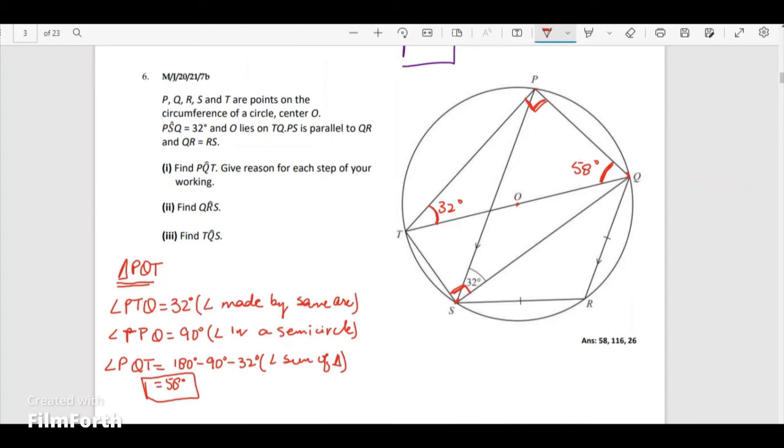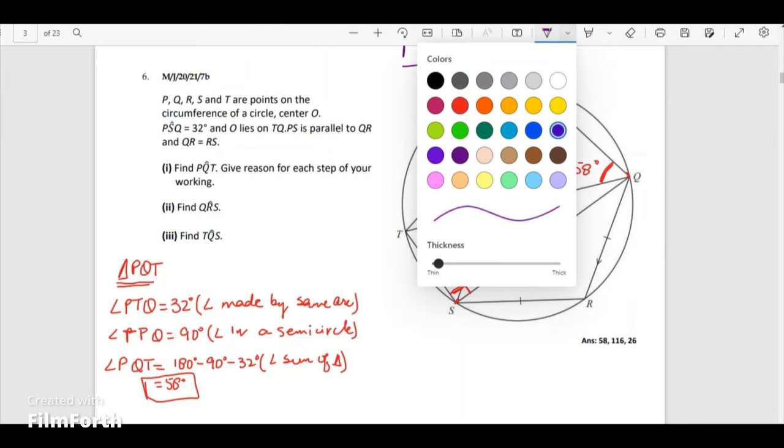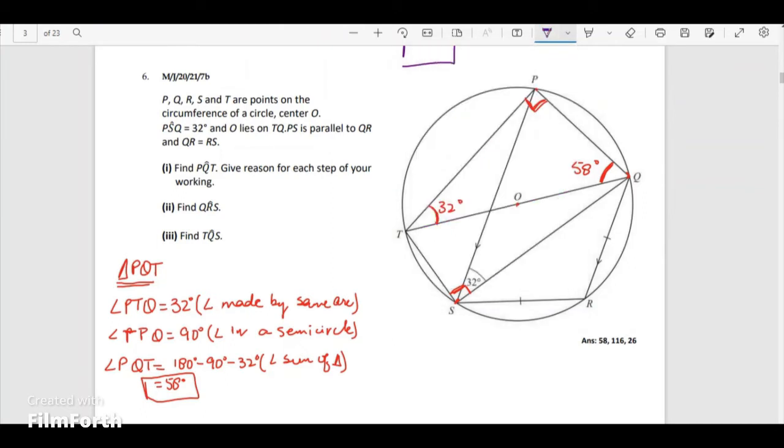Moving on to the second part, we have to find QRS, this angle. Now for this angle, we know this is an isosceles triangle, so this angle would be equal to this angle. How do we find this angle? They have told us that PS is parallel to QR.